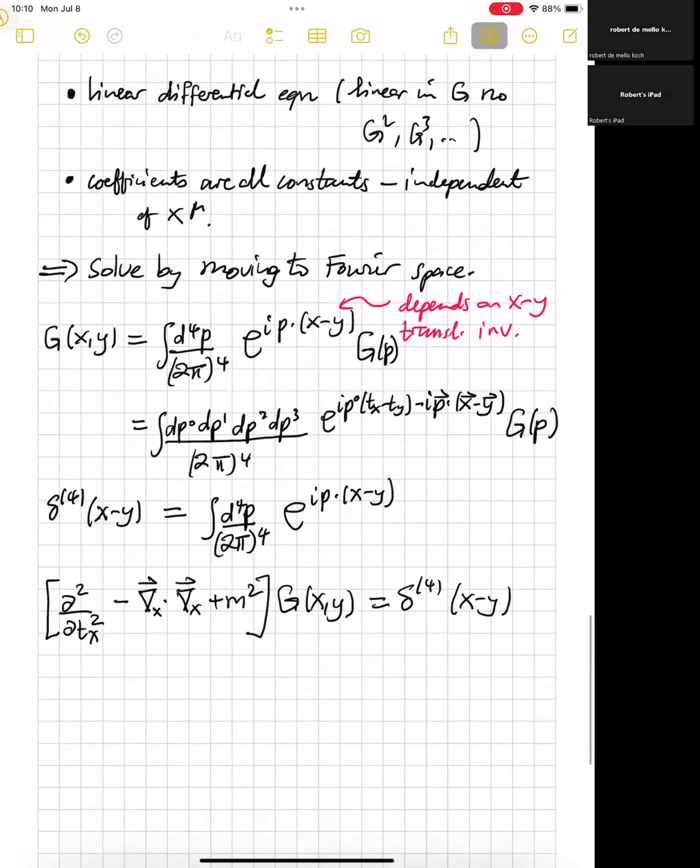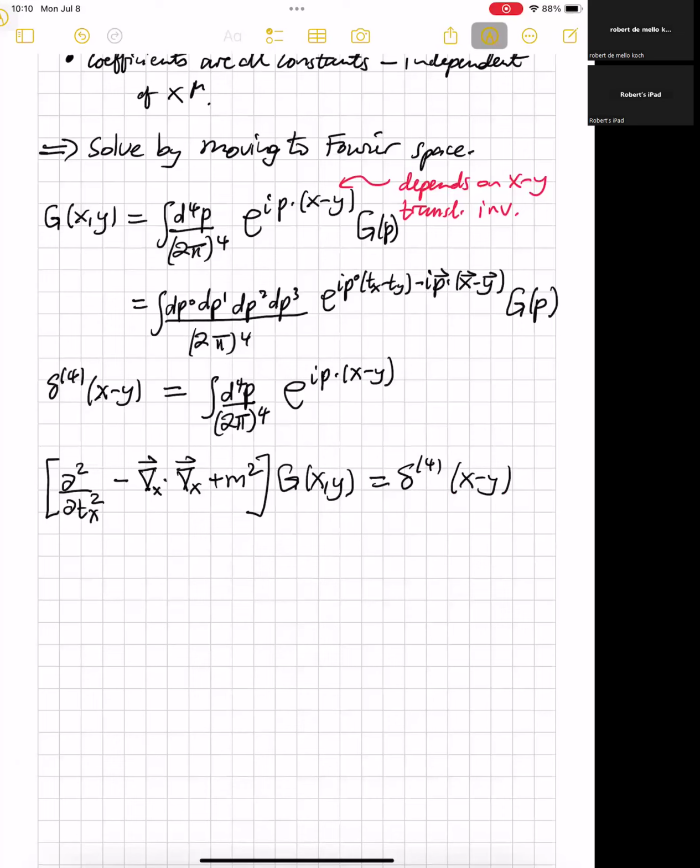So now let's just plug in our Fourier representations. Let's write this side. I'm going to use g of x comma y, so I'm going to have an integral d4p over 2 pi to the 4. And then I'm going to let these differential operators act. If I act with d by dtx, where does d by dtx act?